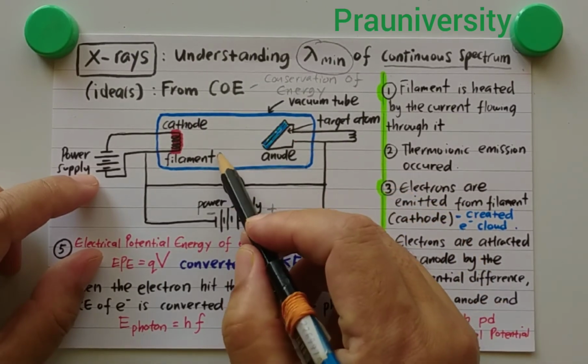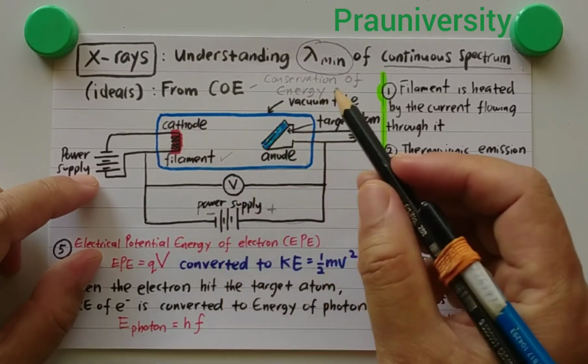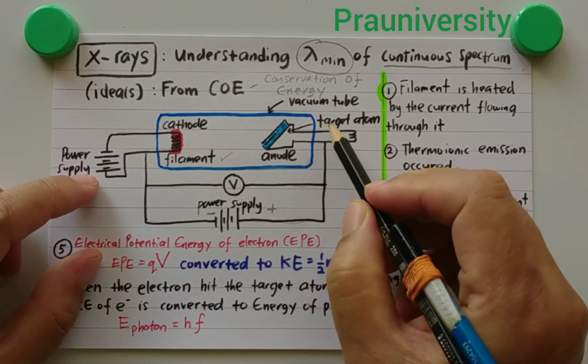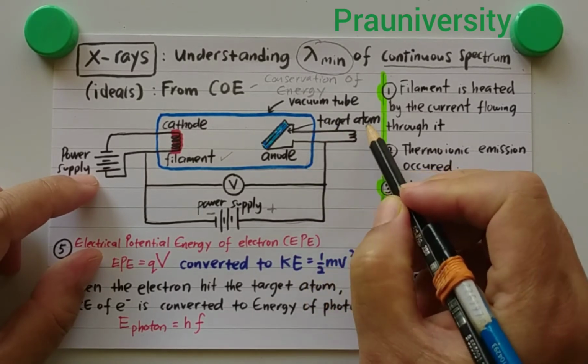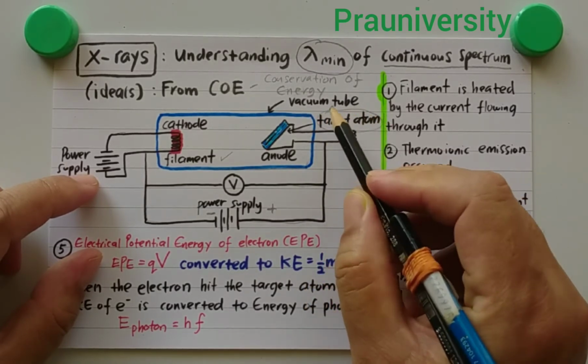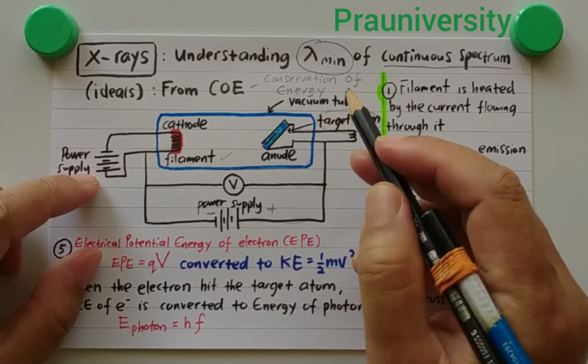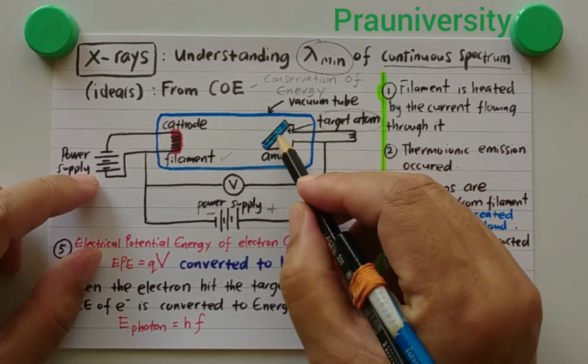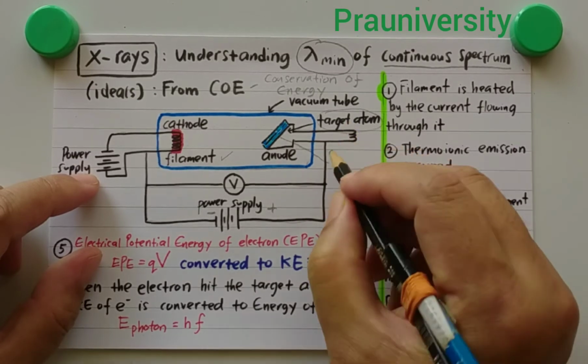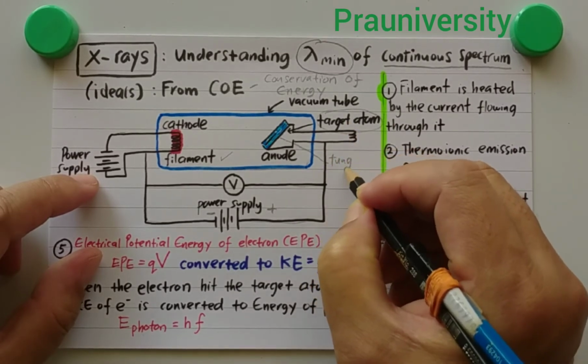So here is the filament at the cathode, and at the anode we have the target atom. In our target atom we use tungsten metal.